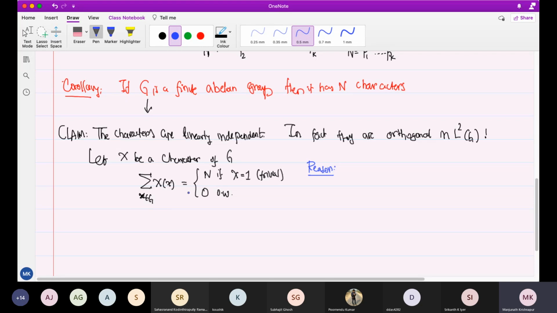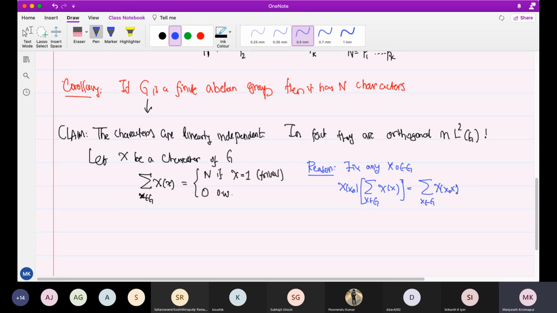You take this thing. Fix any x naught in the group. Let's take this number which I am interested in and multiply by chi of x naught. What do I get? When I multiply chi of x naught into chi of x, I get chi of x naught x.